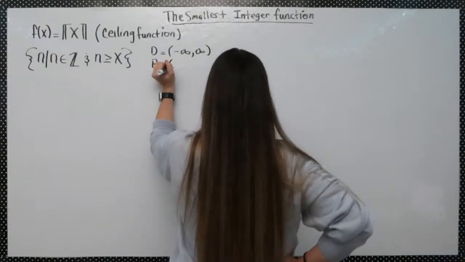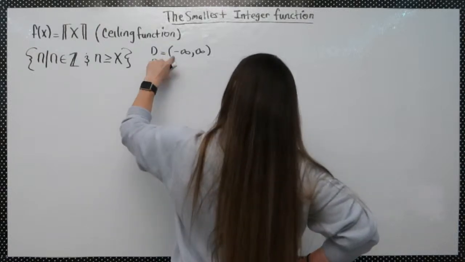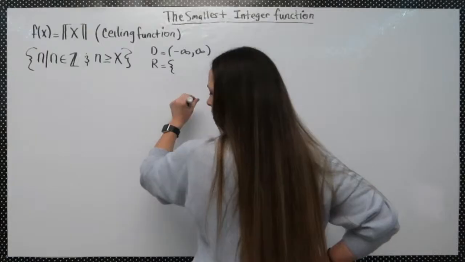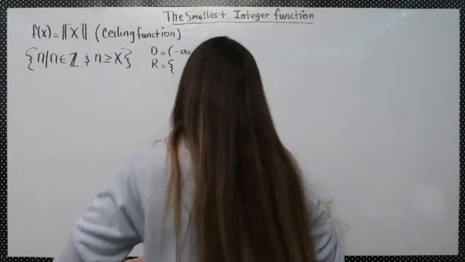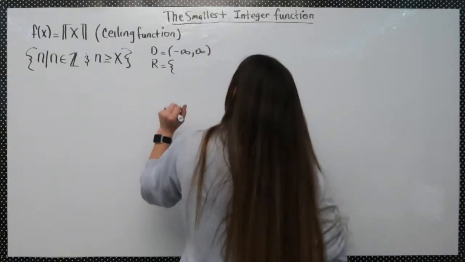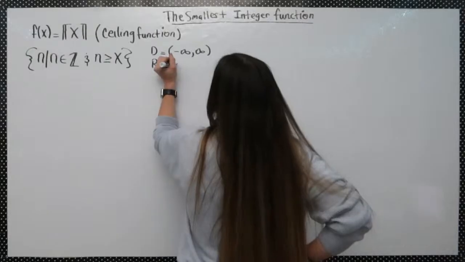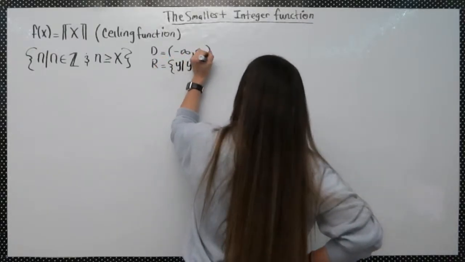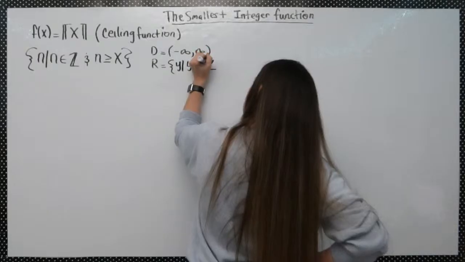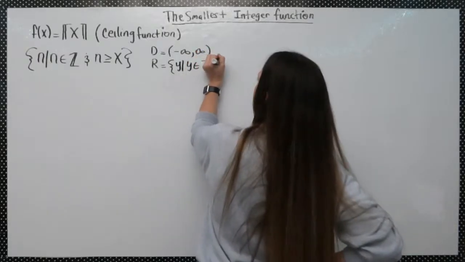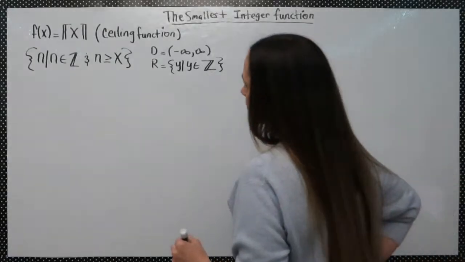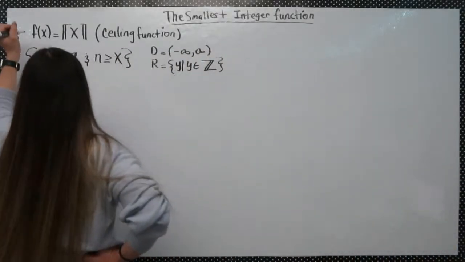So we'll just say we're going to use set notation for that since it's only the integers that we're going to list. So we'll just say y such that y is an element of the integers. We'll have that scripted Z, and that should be sufficient. We're going to say y equals f of x.